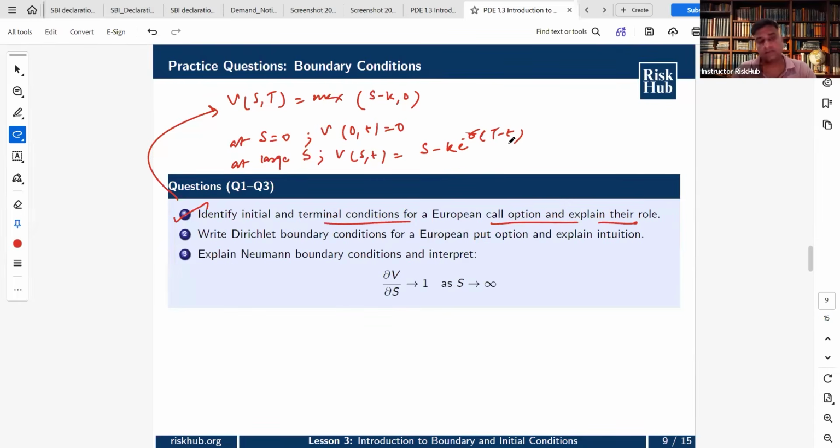So the first condition fixes the payoff. The call is worthless if the stock is 0 or less than the strike, and at large S the call behaves like forward exposure, which we saw, right?